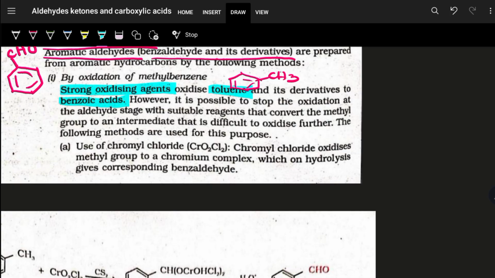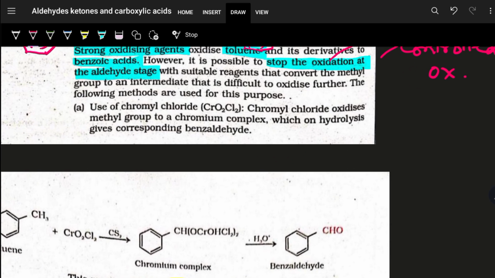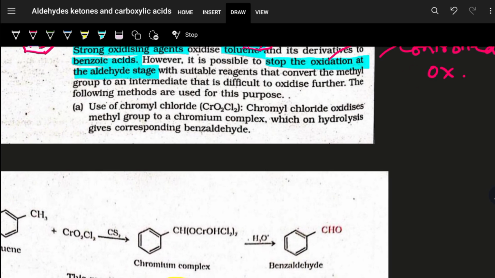That means you are doing selective or controlled oxidation. Stop the oxidation at the aldehyde stage. Now, when I am telling stop the oxidation at the aldehyde stage, I want to carry out controlled oxidation method. This I can do by using suitable reagents.